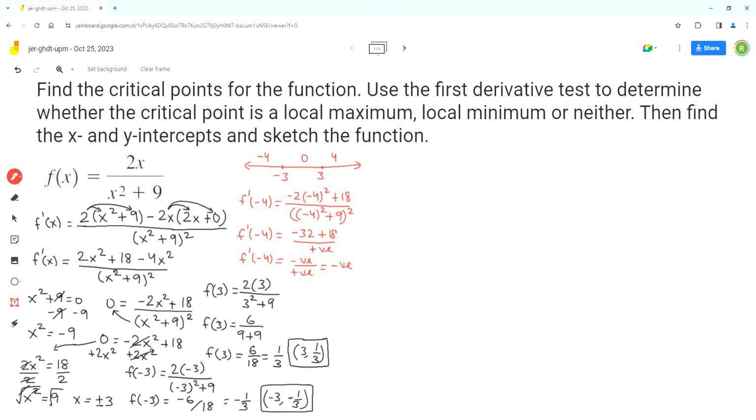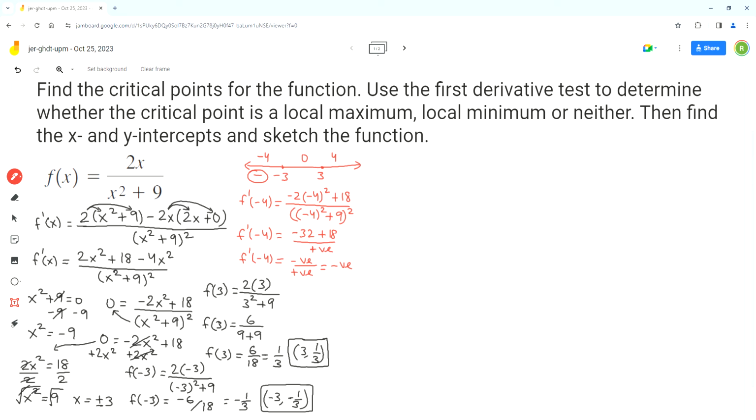So that means f prime of x to the left side of the critical number x equals negative 3 is negative. That means the function is decreasing to the left side of negative 3.